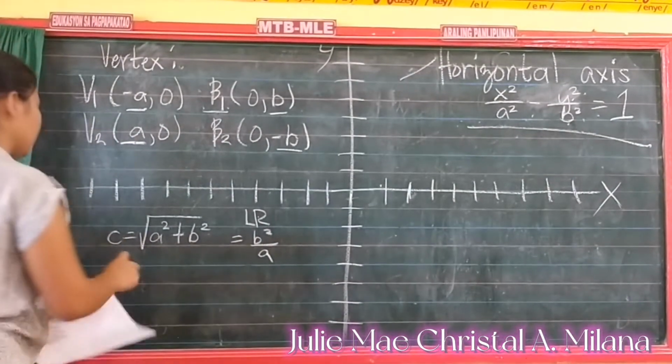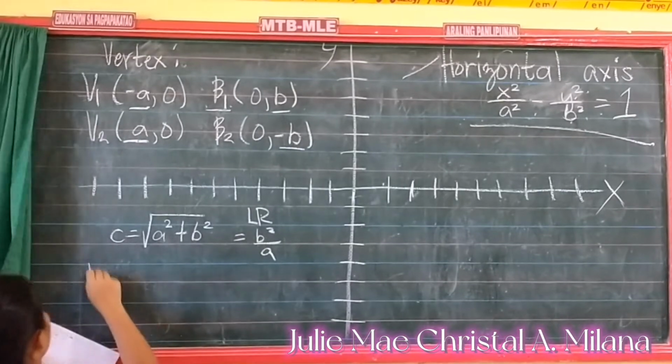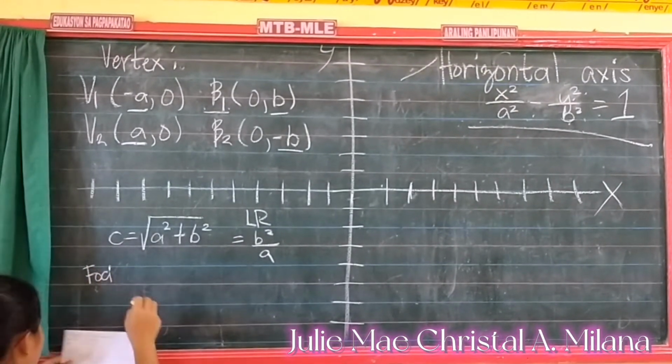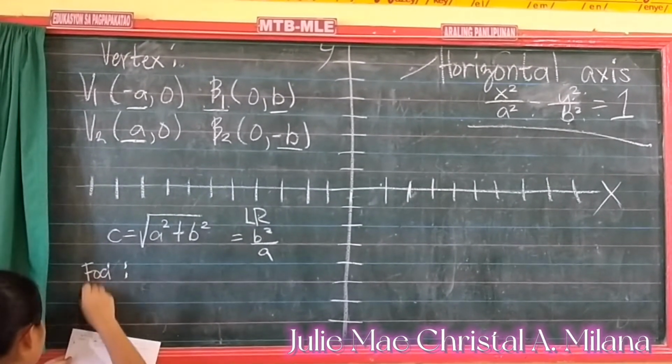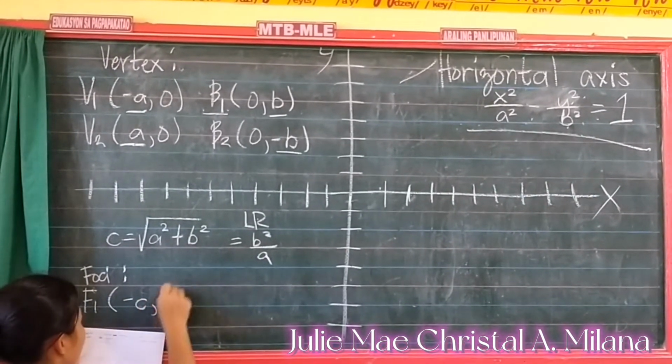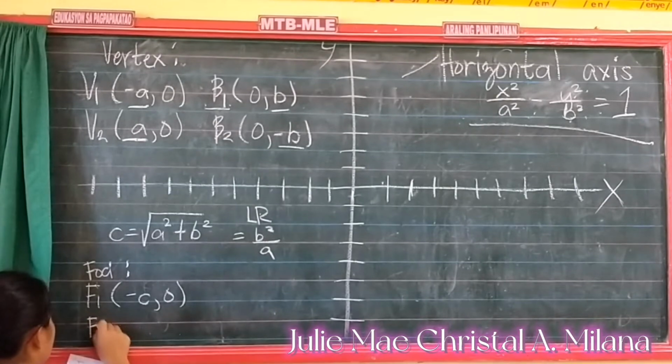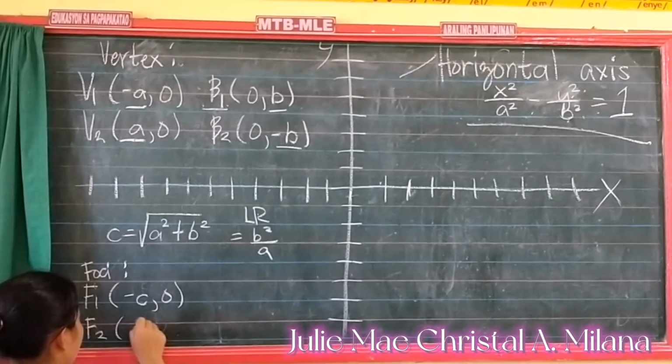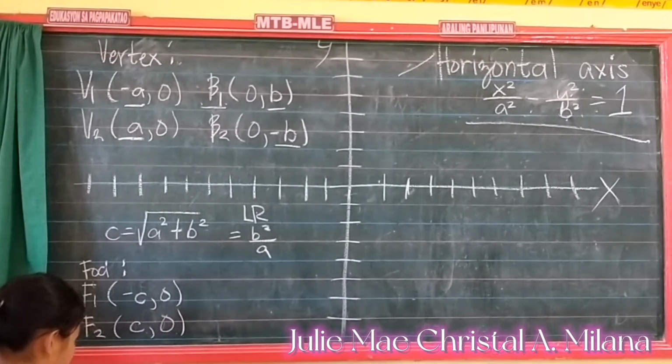Then for the focus or foci, we will use f sub 1, negative c, 0, and f sub 2, c, 0.